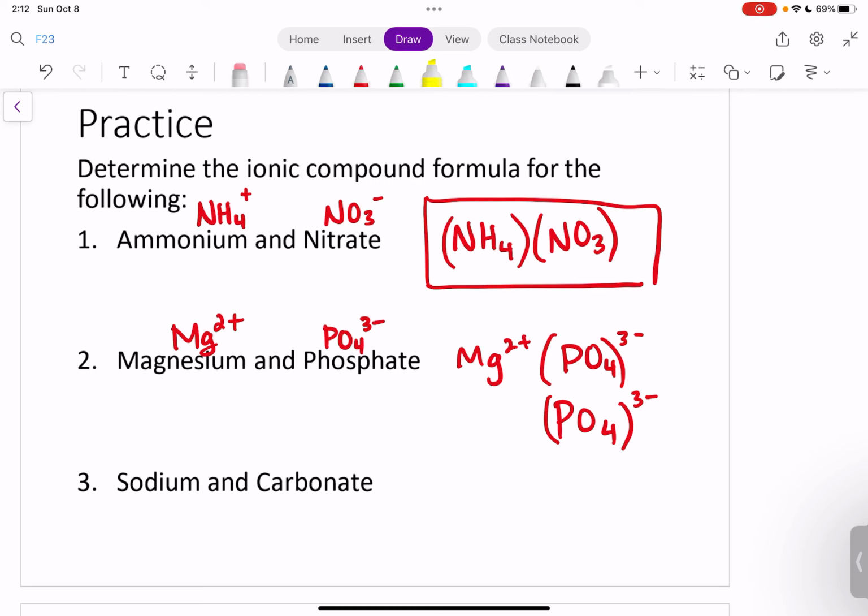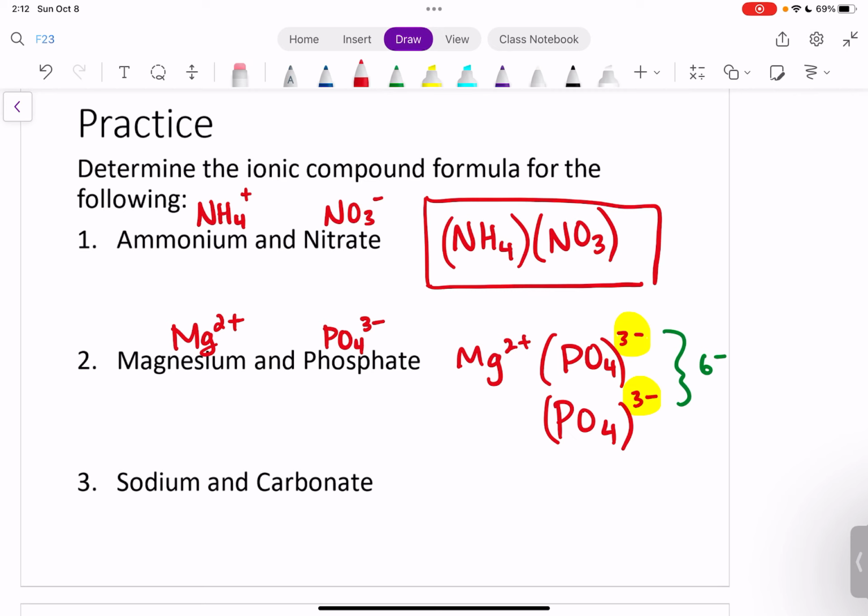Now on the right side, my charge is 3 minus and another 3 minus, which gives us a total on this side of 6 minus, versus a 2 plus charge on the left. So we want to have 6 plus on the left.